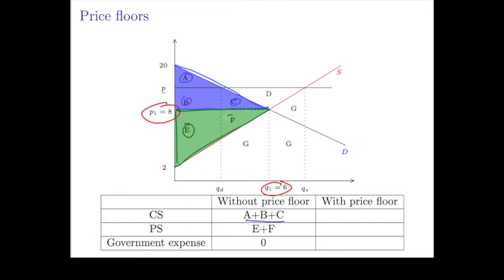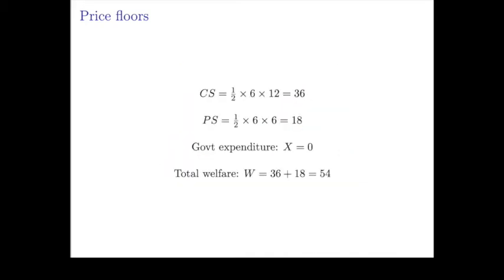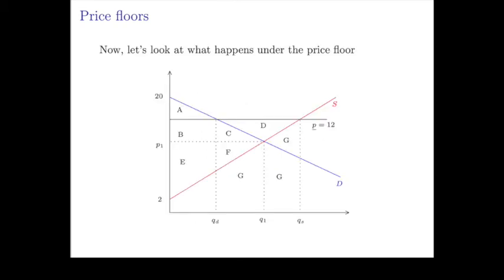So that's areas E plus F. So the total surplus is A plus B plus C plus E plus F. If we did the calculations, we would find that the consumer surplus is 36, the producer surplus is 18, the government is of course not spending anything, and therefore the total surplus is 54, which is the sum of these two. Let's see what happens with the price floor.